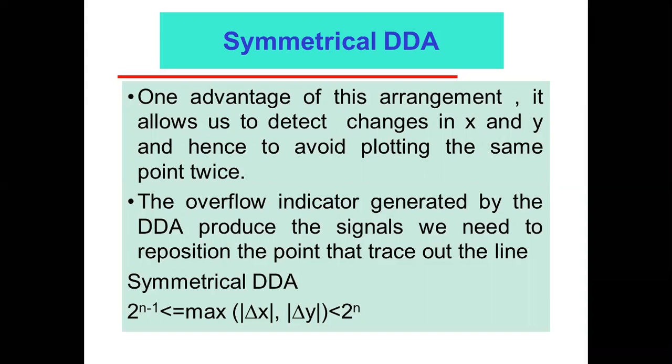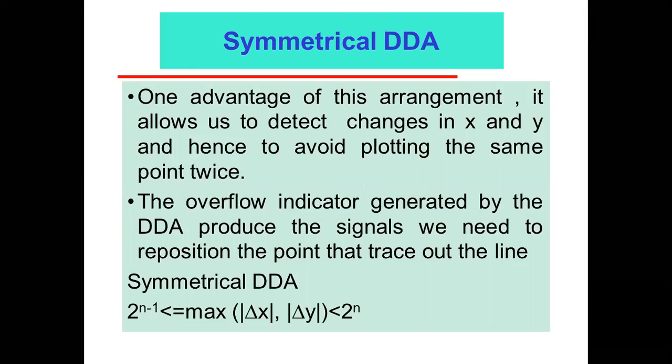Then by using the symmetrical DDA, draw the straight line. If we are using the symmetrical digital differential analyzer, then we will use the equation 2 to the power n minus 1 less than or equal to the maximum of mod delta x comma delta y, less than 2 to the power n.